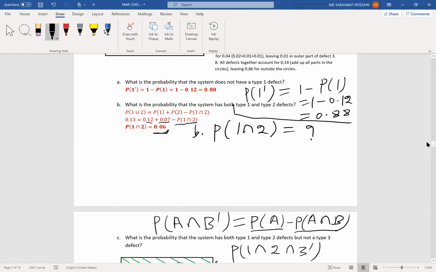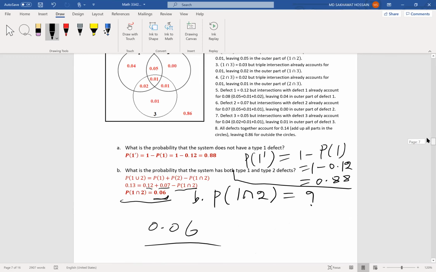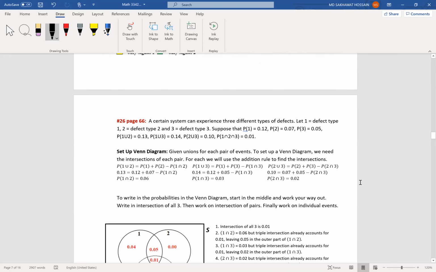From here, we already know this is 0.06. And we also know the probability of 1 intersection 2 intersection 3, which is 0.01 here.